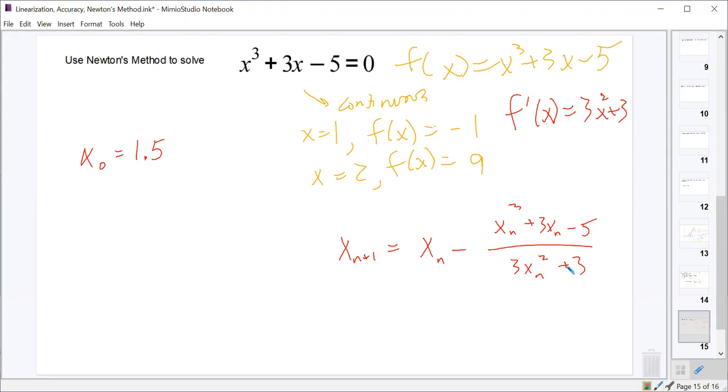And so what we will do is on your graphing calculator, which you all have with you today, right? Yes. All right. On that graphing calculator, you're going to first type in your first guess.